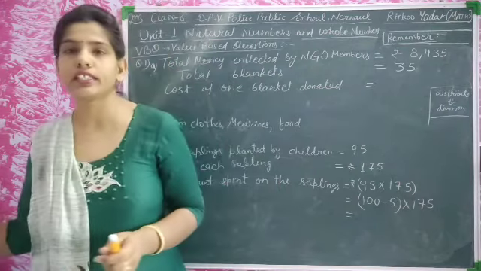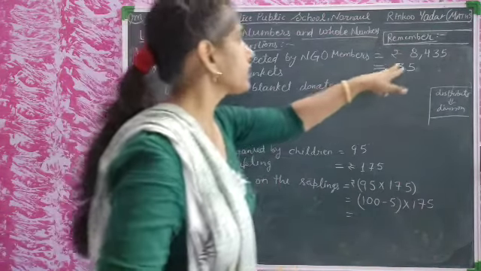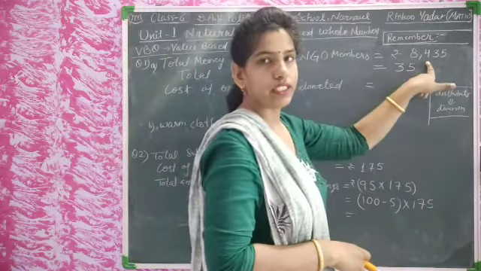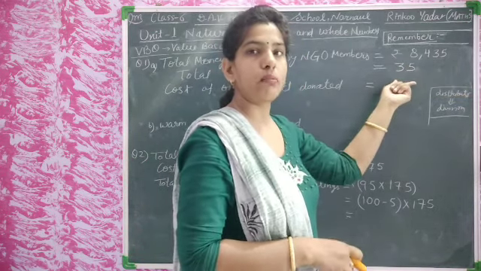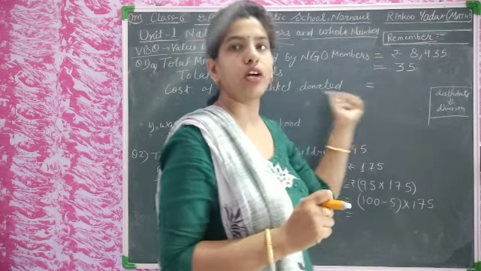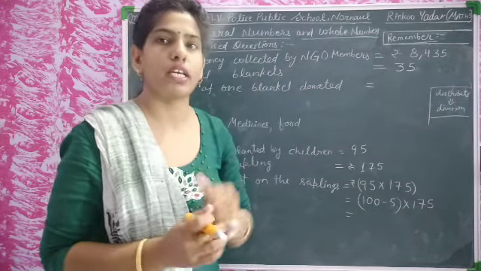So let's start here, students. The total money collected is 8,435, and there are 35 blankets in total, and we have to find the cost of one blanket.